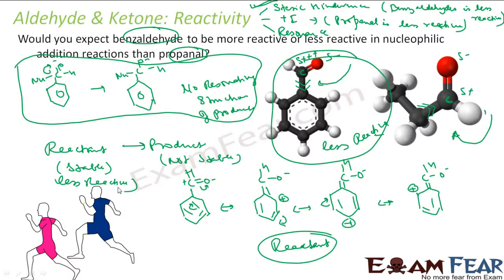So if the reactant is more stable than the product, there is a high chance that the reaction won't happen. That means the reactant is more stable, less reactive, and that reactant here is my benzaldehyde. Because we are talking about the resonance only for benzaldehyde. We are not talking about the resonance for propanal. So with this, we conclude that benzaldehyde is less reactive.